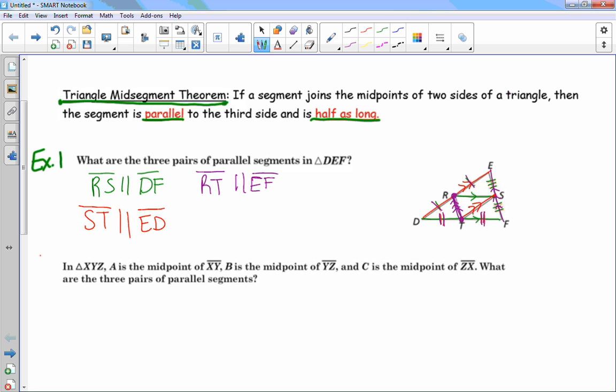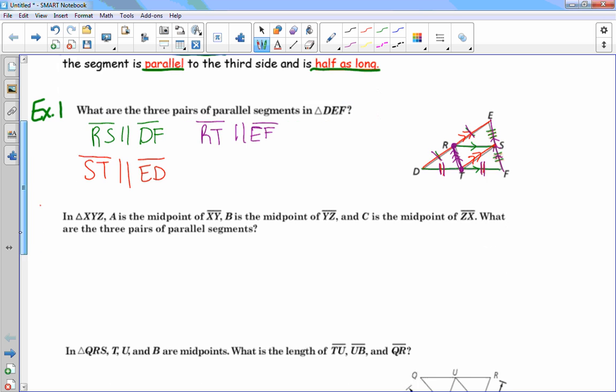So you have to list them, you need to make sure you have 3 pairs. The problem gives you triangle XYZ, but it doesn't give you the picture. So for our purposes, it's in our best interest to draw a triangle.